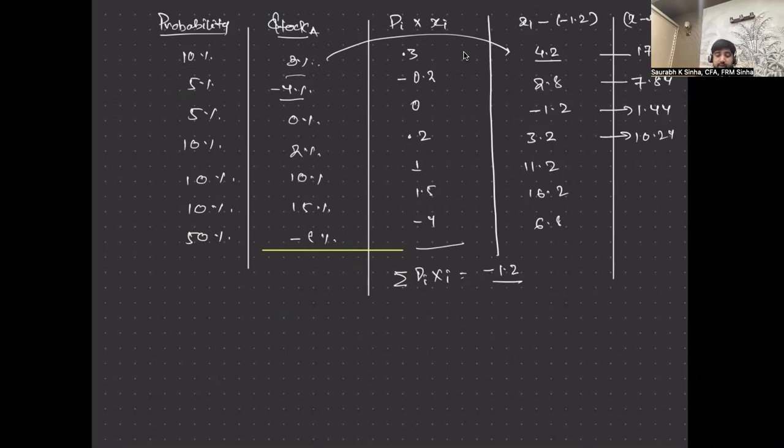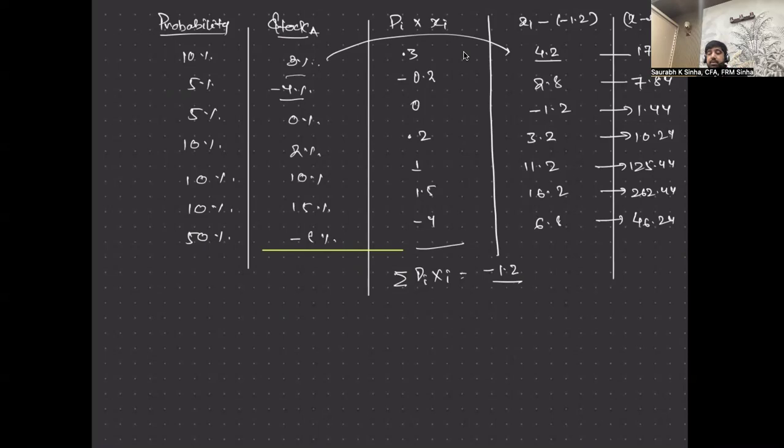Then 11.2 square, that will become 125.44. And 16.2 square, that will become 262.44. And then 6.8 whole square, that is 46.24.